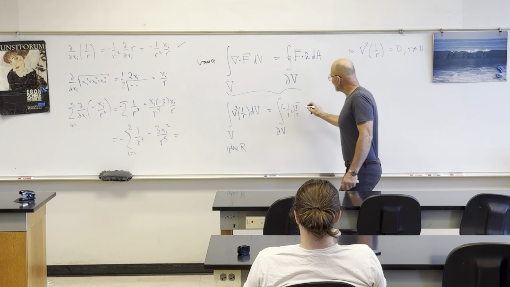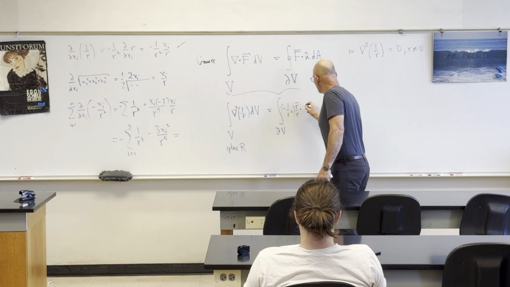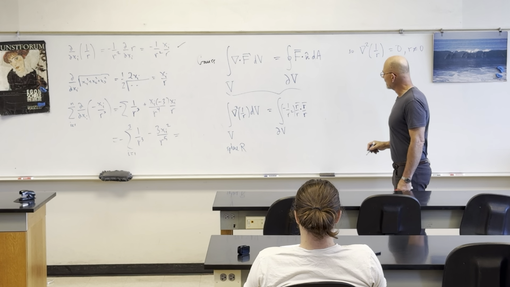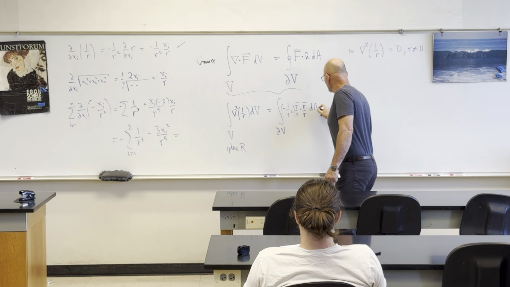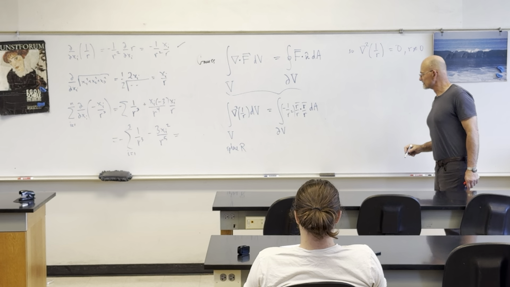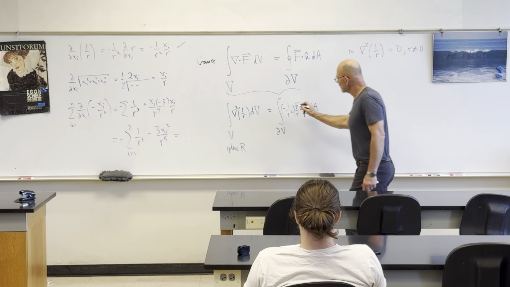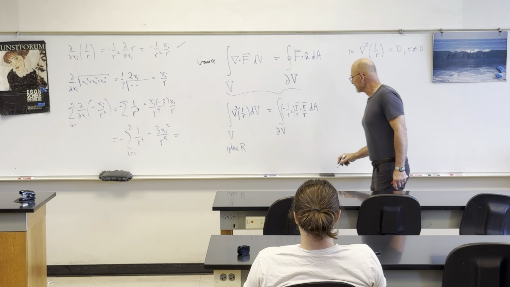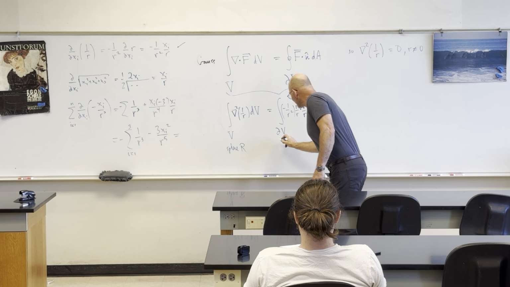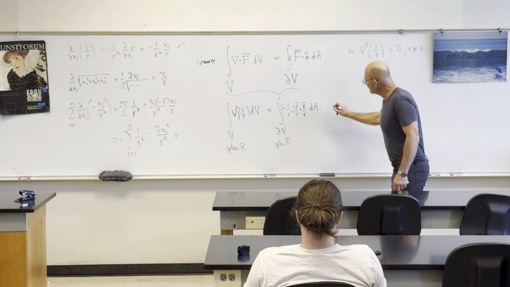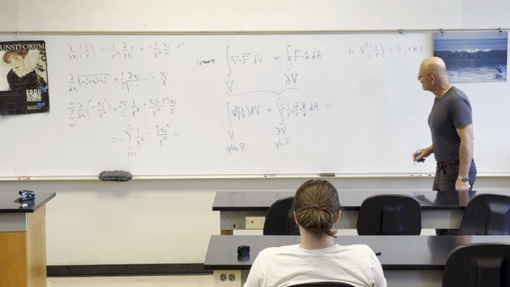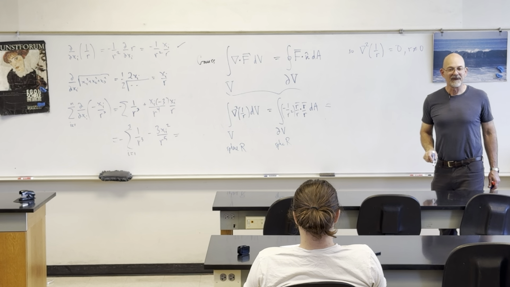And the n hat for the unit sphere, the area. And this is a sphere of radius r, right? Sphere r. So what do we get on the right side here? Anybody?